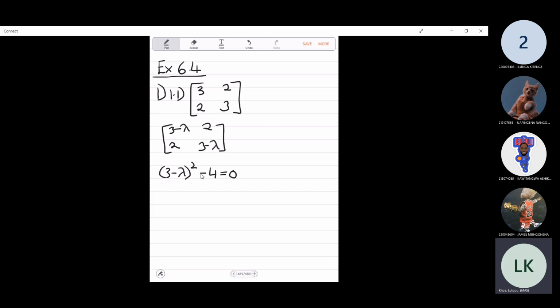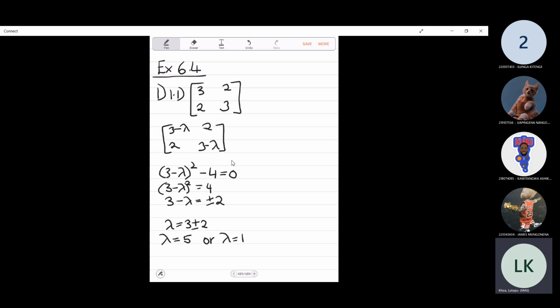So here, very easy to solve. We don't need to multiply out the brackets. Just take the 4 to the other side. So we have (3 minus lambda) squared is equal to 4. Then plus or minus the square root on both sides. 3 minus lambda is equal to plus or minus 2. This means that lambda is equal to 3 plus or minus 2. Lambda is equal to 5, or lambda is equal to 1.